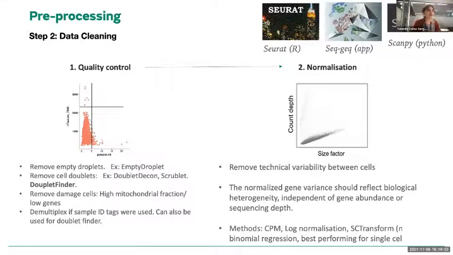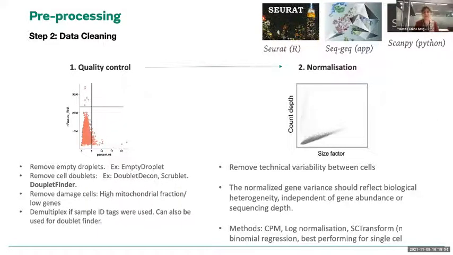There are a few methods to do normalization. Log normalization is kind of the most standard, and it is the one most people started using because it was mostly used on bulk RNA-seq.